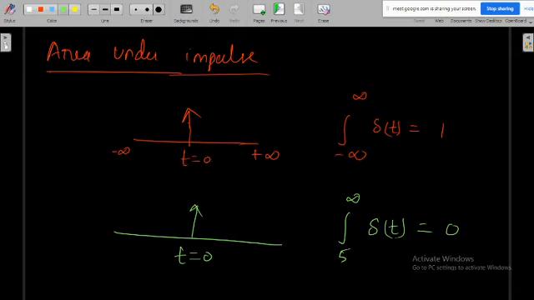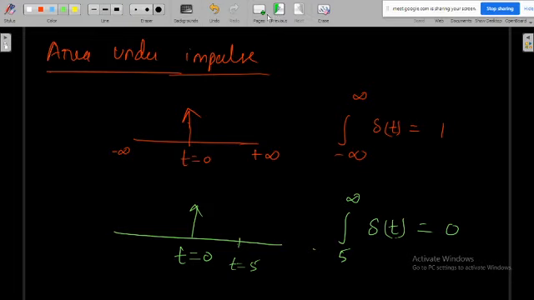That means you are doing integration from t equal to 5 to infinity, but from 5 to infinity nothing is there, because the impulse is there only at t equal to 0. That's why the area is 0. So for this condition, the area is 0.